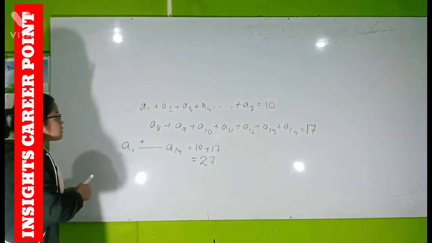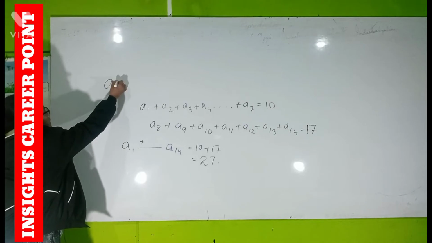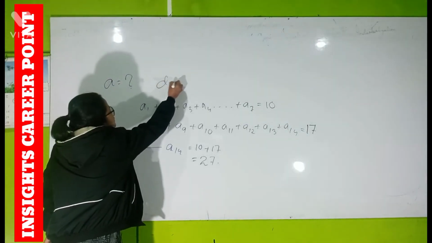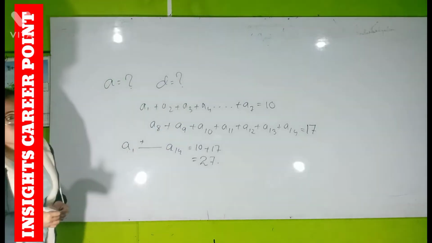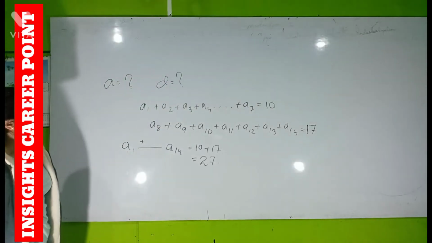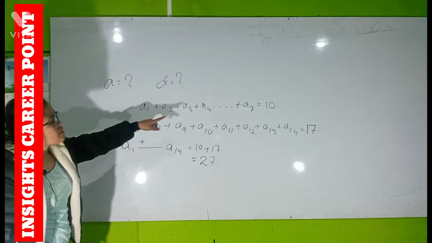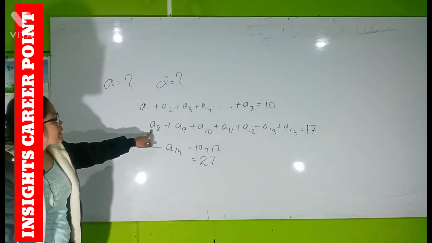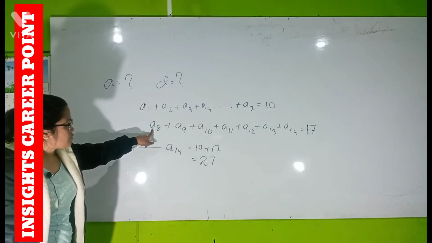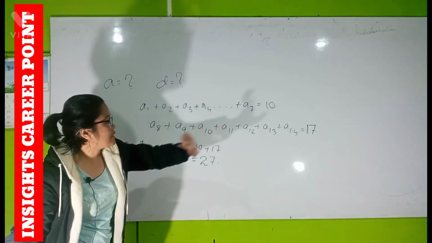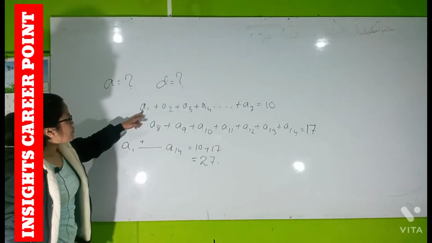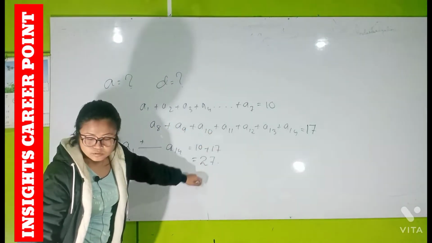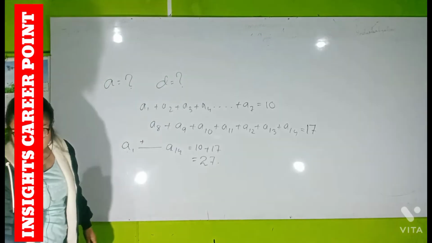Now what does the question want? Find the first term A and the common difference D. The sum of the first 7 terms is given as 10. The sum from the first term to the 14th term is 27.